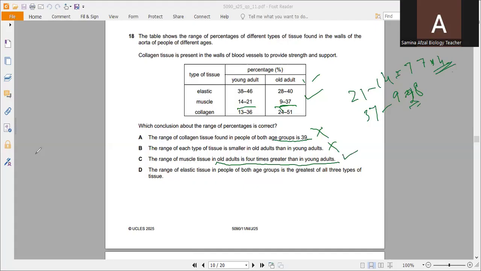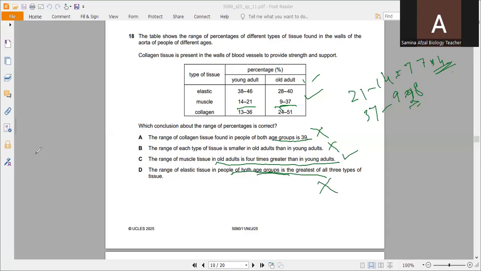The range of elastic tissue in people of both age groups is the greatest of all three types of tissues. No, this is not the greatest of both. They have different ranges, they don't have the equal range.